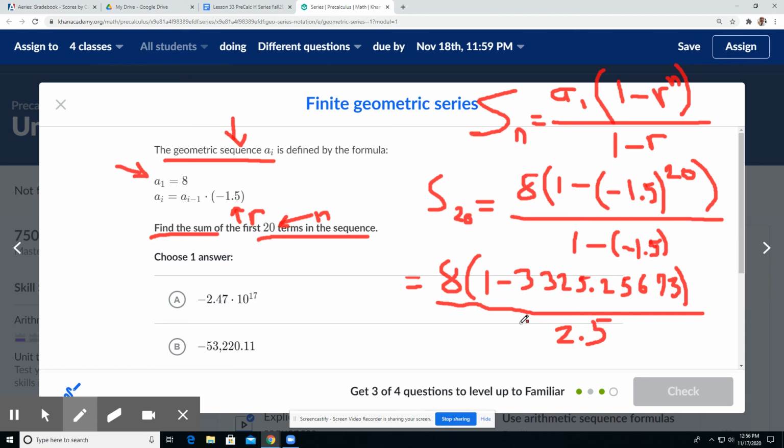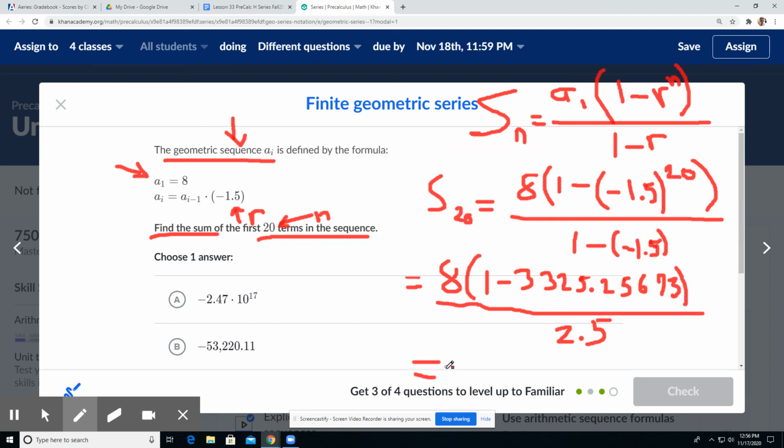All right, 1 minus answer, check. So now we got a big negative number times 8, and then divided by 2.5.